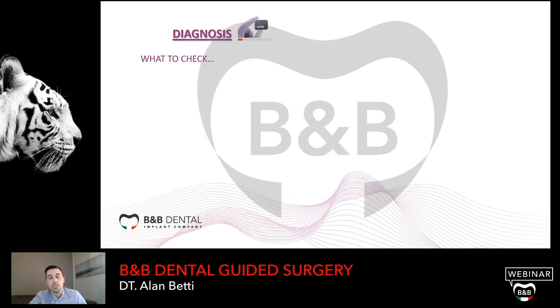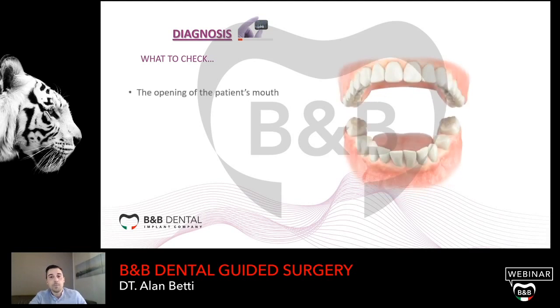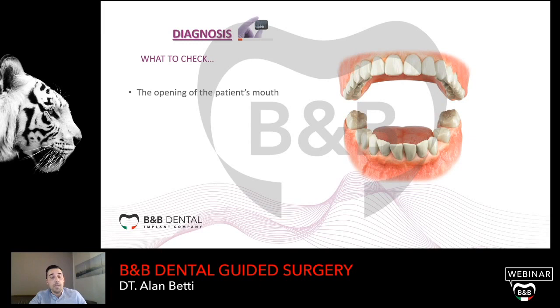In the diagnosis, what the doctor absolutely has to check before deciding to use this technique is, first, the opening of the patient's mouth, because the drills and all the components in the surgical kit for guided surgery are 9 millimeters longer than the drills for traditional surgery.